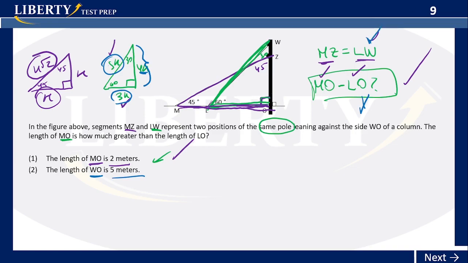We have LW, we also have MZ, because MZ is the same thing as LW. And if we have MZ, which is actually the hypotenuse of the purple triangle, we also get the legs, one of which is MO. So we also have MO and LO, so that's okay too. So in this case, D, both of them independently can give you the answer. Pretty simple if you know your common triangles.